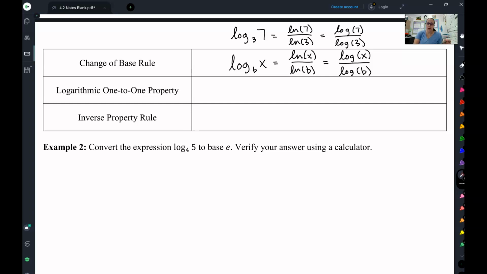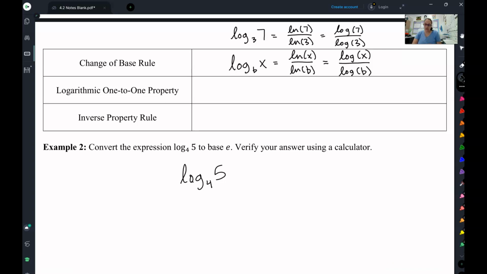If you read it through very carefully, you'll see in the instructions why it needs the change of base formula. So example 2 says, convert the expression log base 4 of 5 to base e. Notice, this problem is not asking you to solve for what this is. It's not asking you to plug this into your calculator and get an answer.